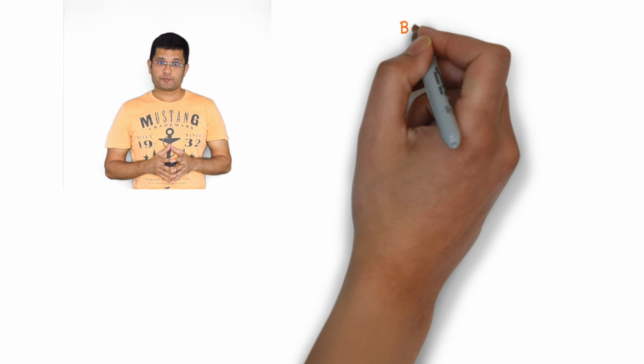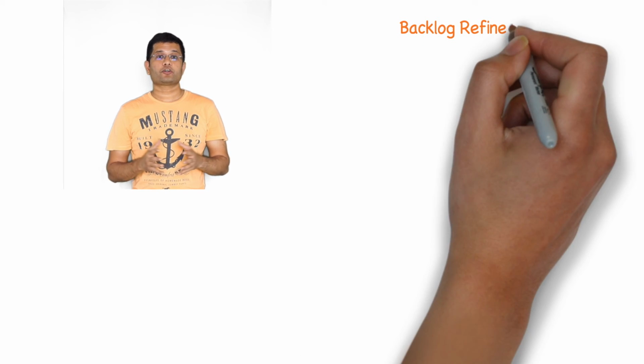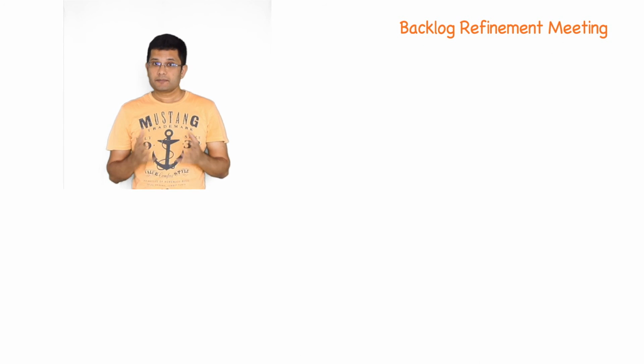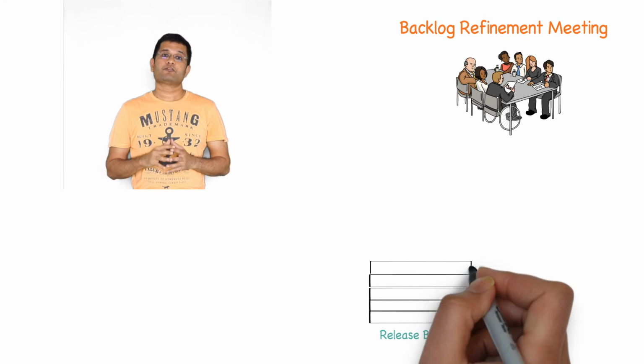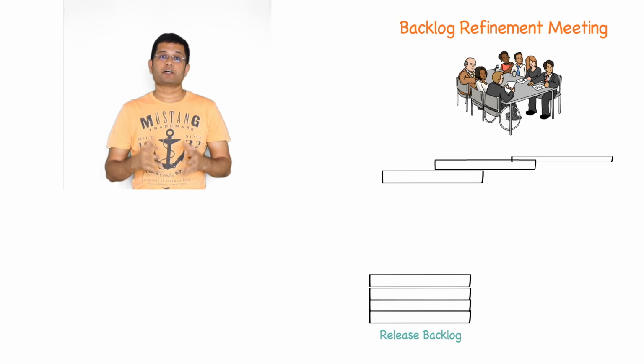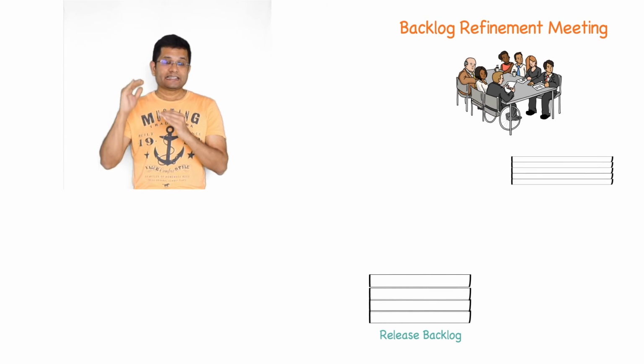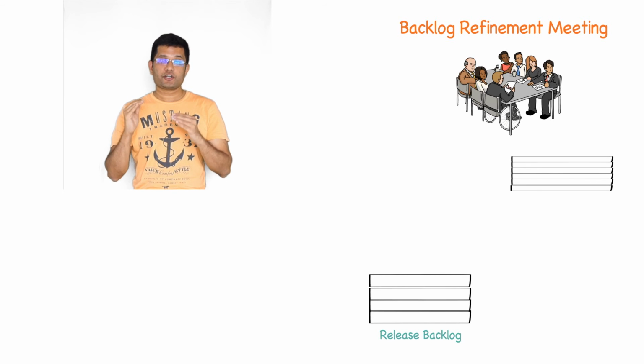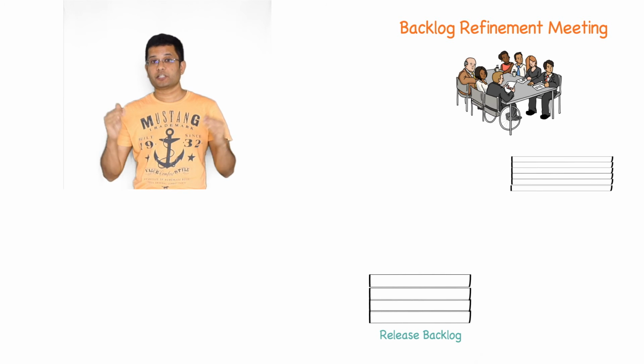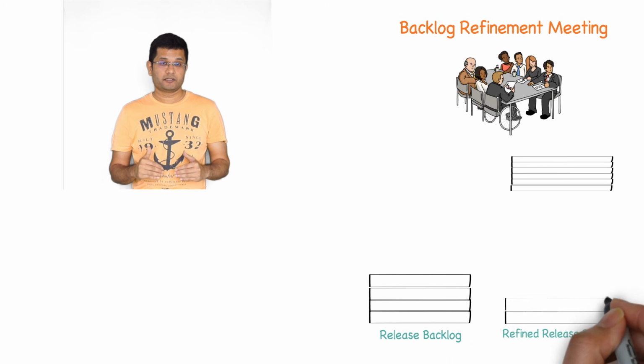Towards the end of the sprint, we would have a backlog refinement meeting. In the backlog refinement meeting, the team would pick up the top backlog items from the release backlog and start refining them. These backlog items are not the backlog items which are being implemented in the current sprint.